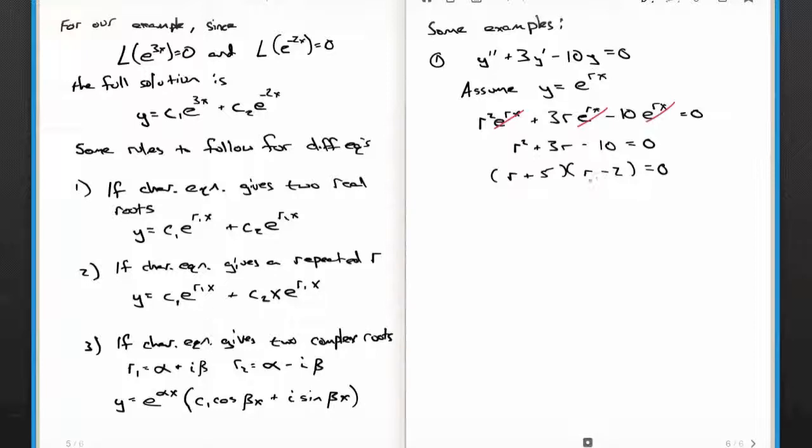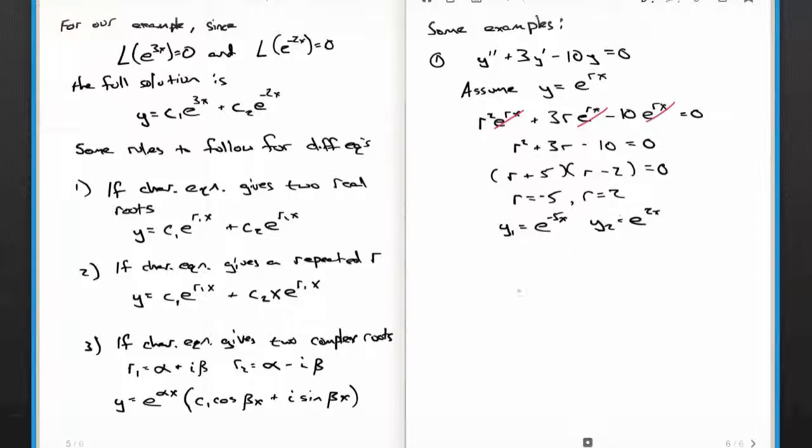So our two solutions are, our roots are r equals negative 5 and r equals 2. So my two solutions are y1 equals e to the negative 5x. That would work by itself. y2 would be e to the 2x. That would also work by itself.